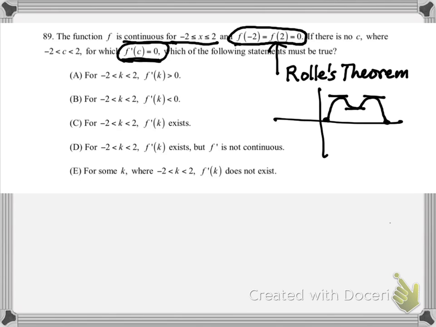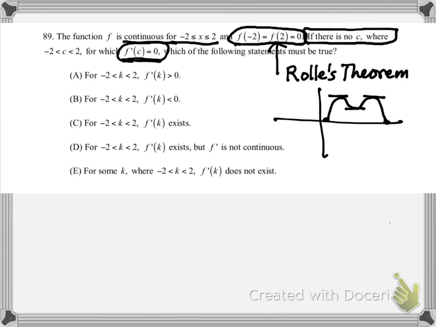Now, in this particular problem, it says if there is no c, meaning Rolle's theorem does not apply. So if there is no c between -2 and 2 for which f prime of c equals 0, meaning Rolle's theorem does not apply. There's no c. We cannot find that c where f prime of c is equal to 0.